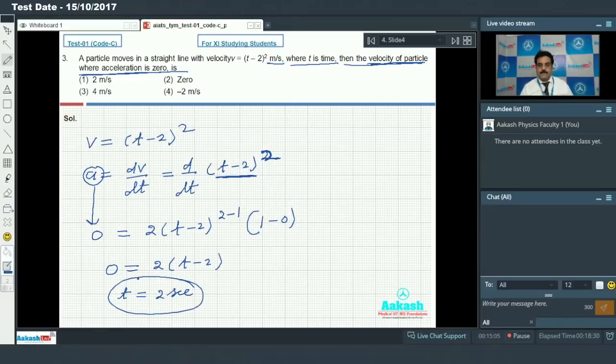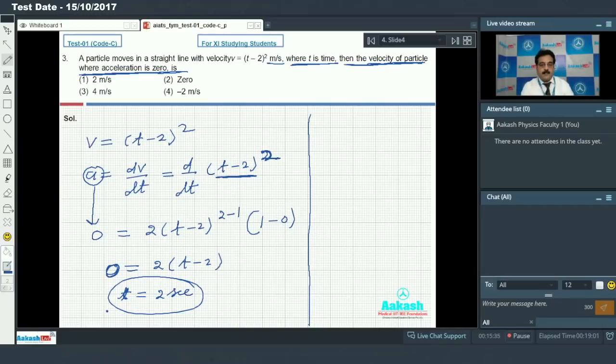So at this time, because the question says where t is time, find the velocity of the particle where acceleration is 0. When I place acceleration equal to 0, we get time t equal to 2 seconds.